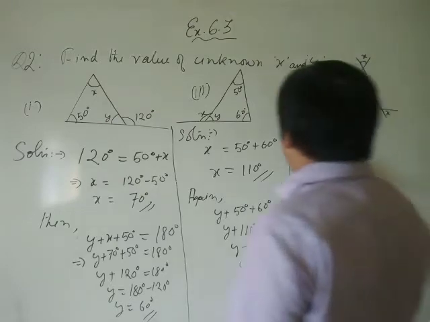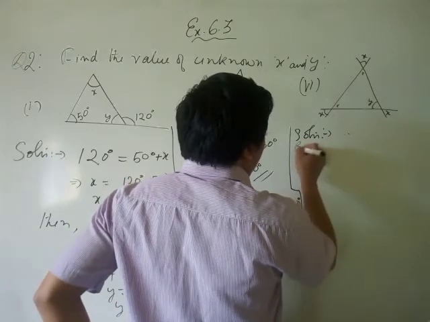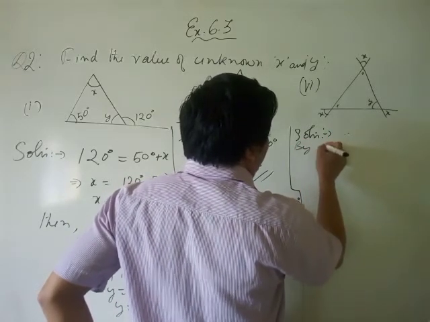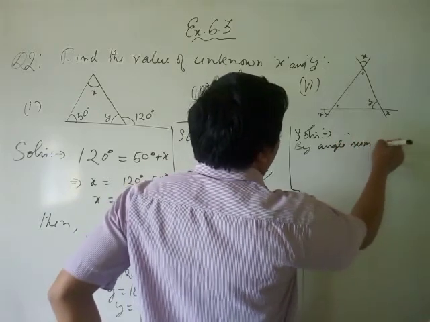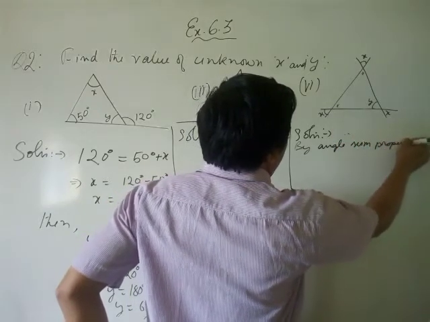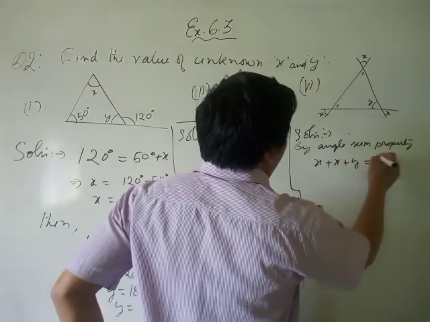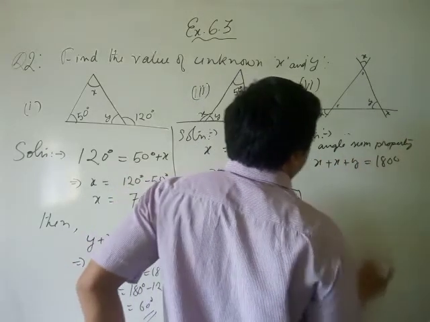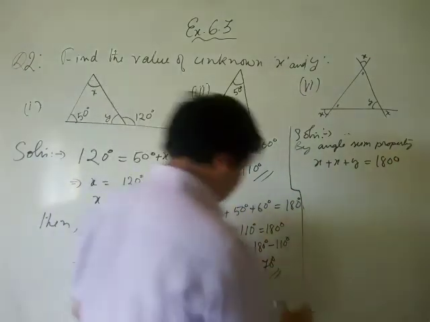Then by angle sum property, x plus y equal to 180 degree. This is the first thing we have to understand here.